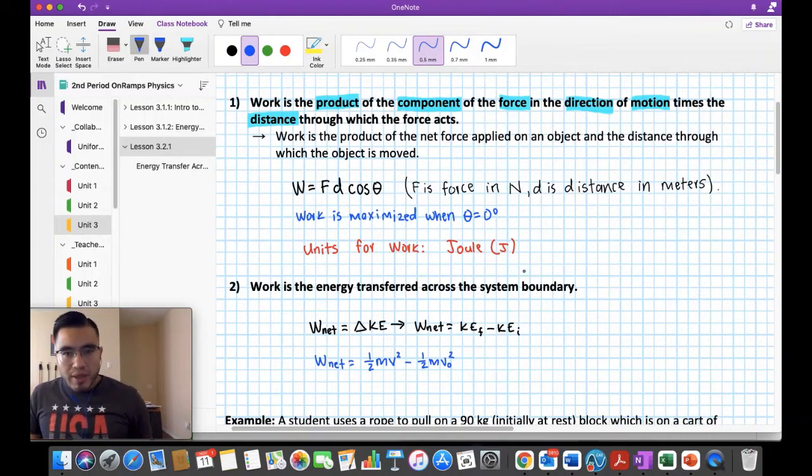Guys, if it helps you personally to do F for final, I for initial, you can do that. It changes nothing. I just use this notation because that is the notation which it's in your formula chart.